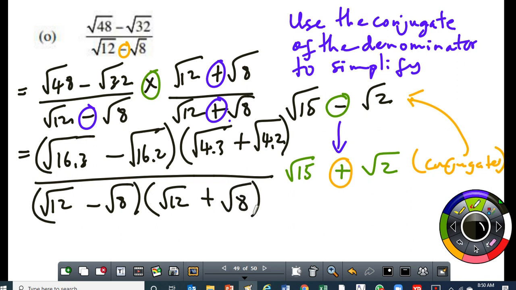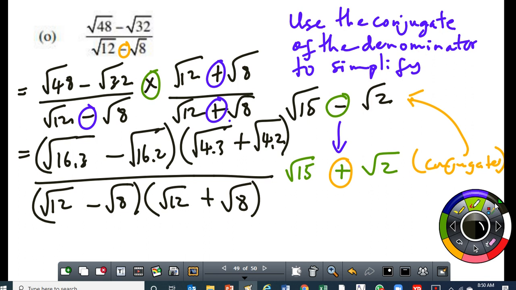For now, I'm going to write it like that. Okay? Now, we have to use FOIL to simplify. But before I use FOIL, I want you to be aware that the numerator, I need to simplify it further. So I'm going to move on to the next page.